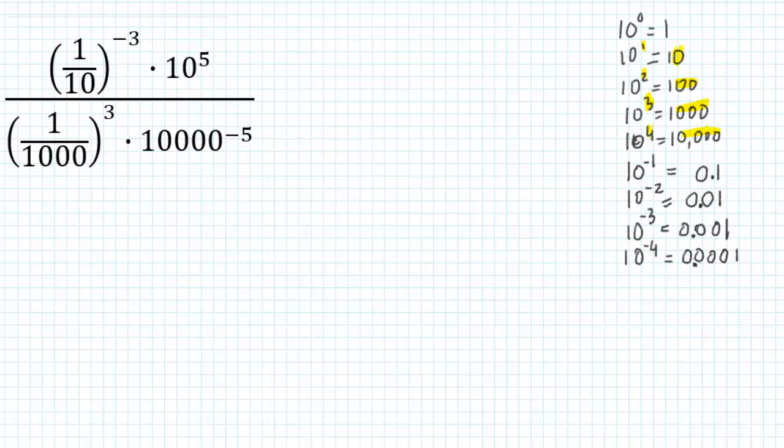If the exponent of 10 is negative, it gives us the number of zeros, but it goes backwards to the left. We're going to use these facts over here to simplify our problem.